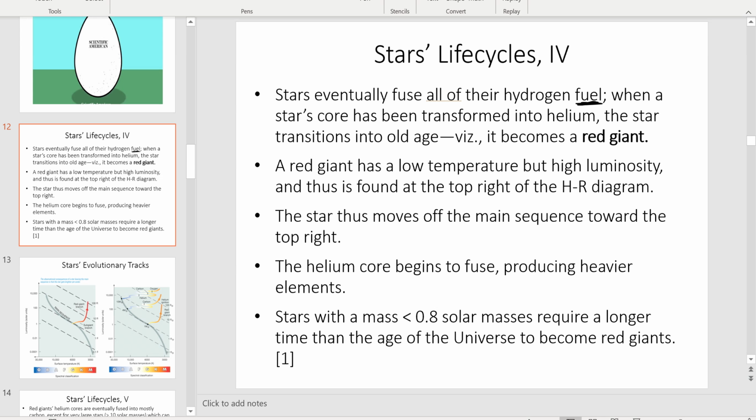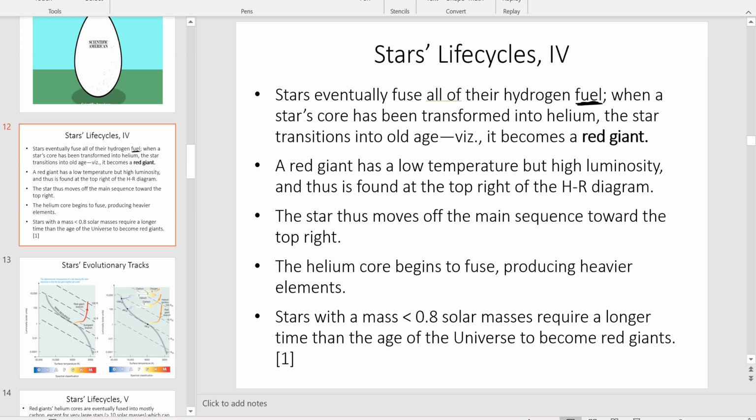The helium core then begins to fuse, producing heavier elements. The idea behind fusion, remember, is that in the case of a star, you start with hydrogen, a low mass element, and you fuse the hydrogen up to a higher mass element, helium, but you can continue. You can fuse helium and you can go all the way up to iron. Well, we'll get to that a little bit.